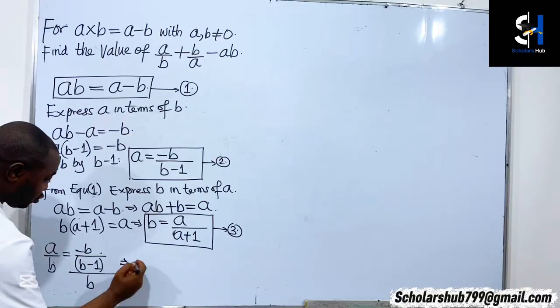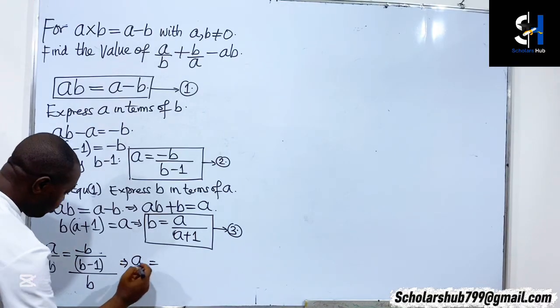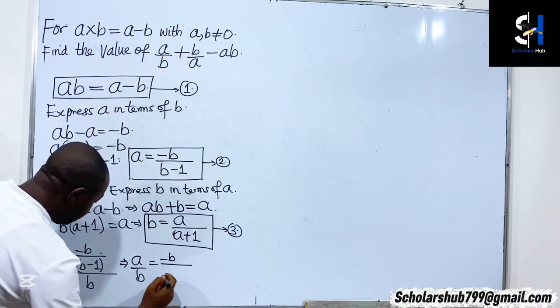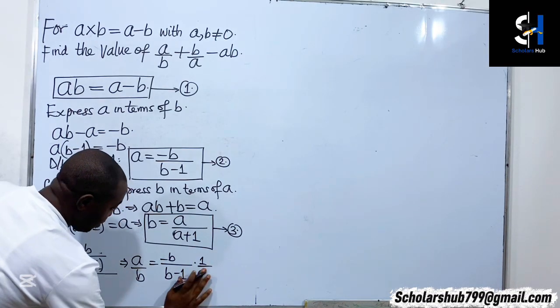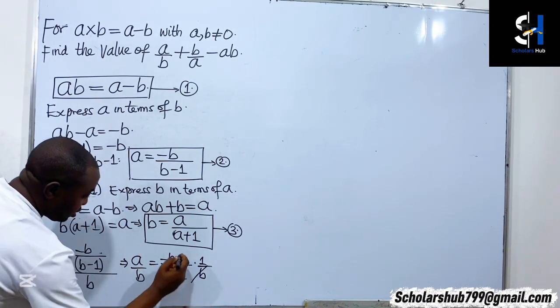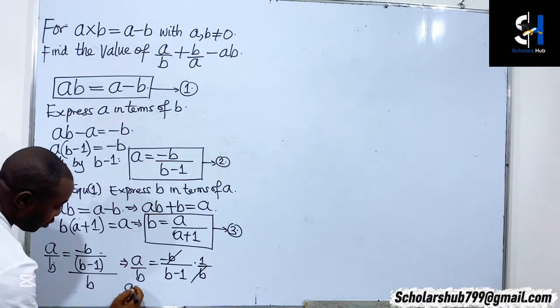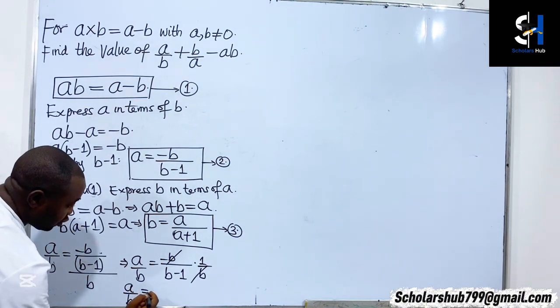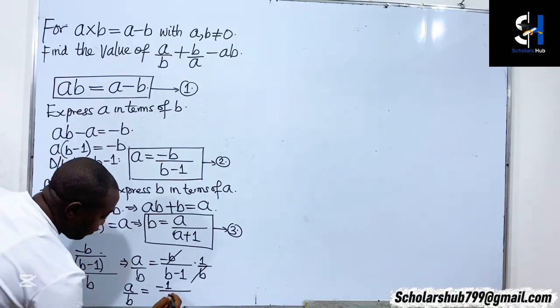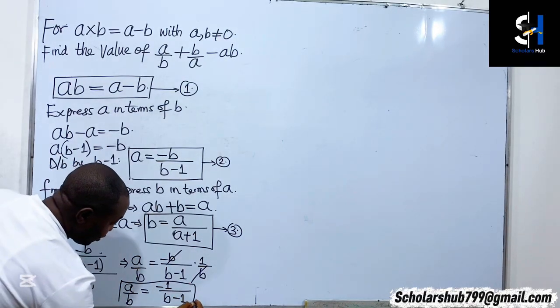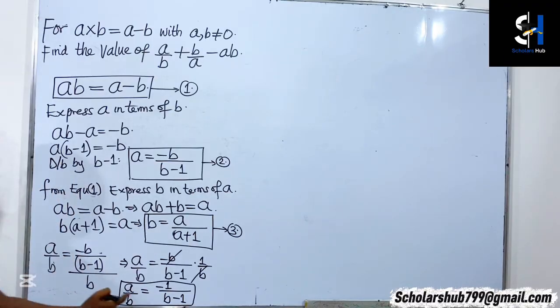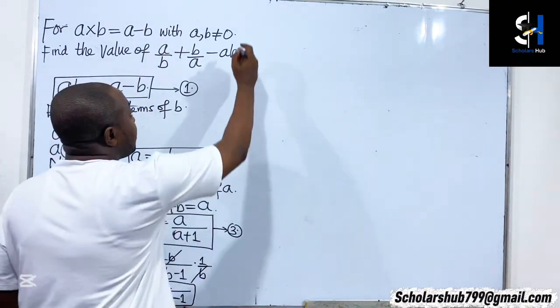So a over b will be equal to negative b over b minus 1 multiplied by 1 over b. This b will cancel this b, then we have a over b equal to negative 1 over b minus 1. So this is the expression for a over b.